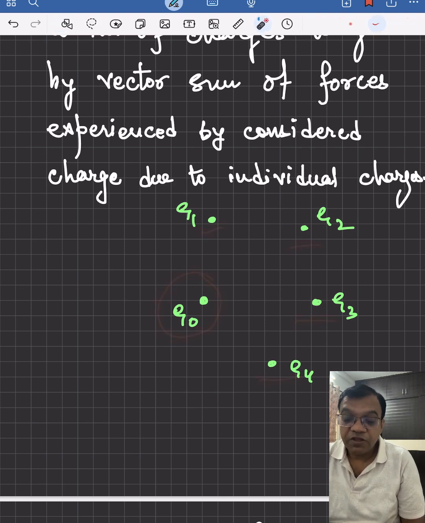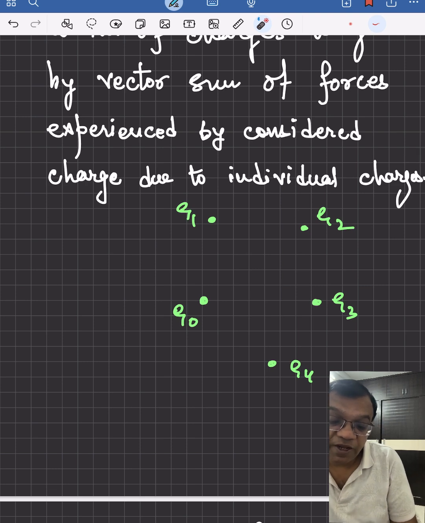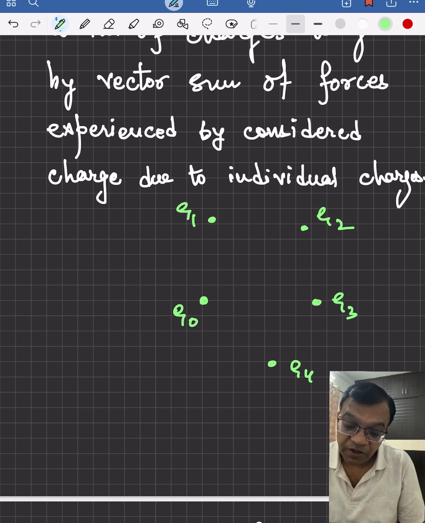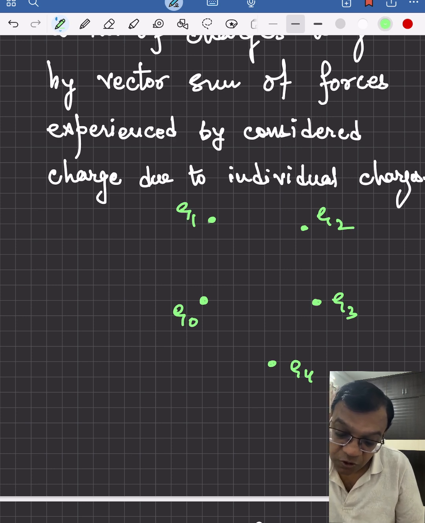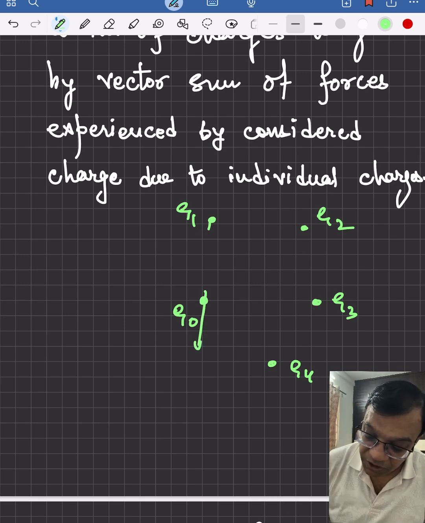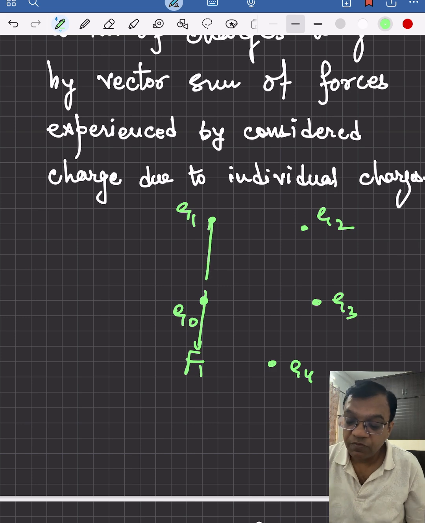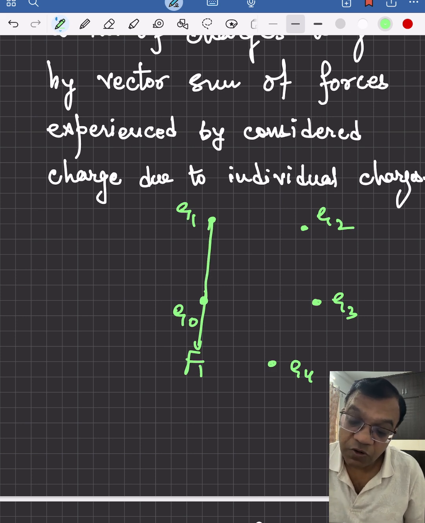Now we know the force experienced by any charge, the electric force, is a two-body interaction. So the force experienced by q0 due to q1 is, say, F1.